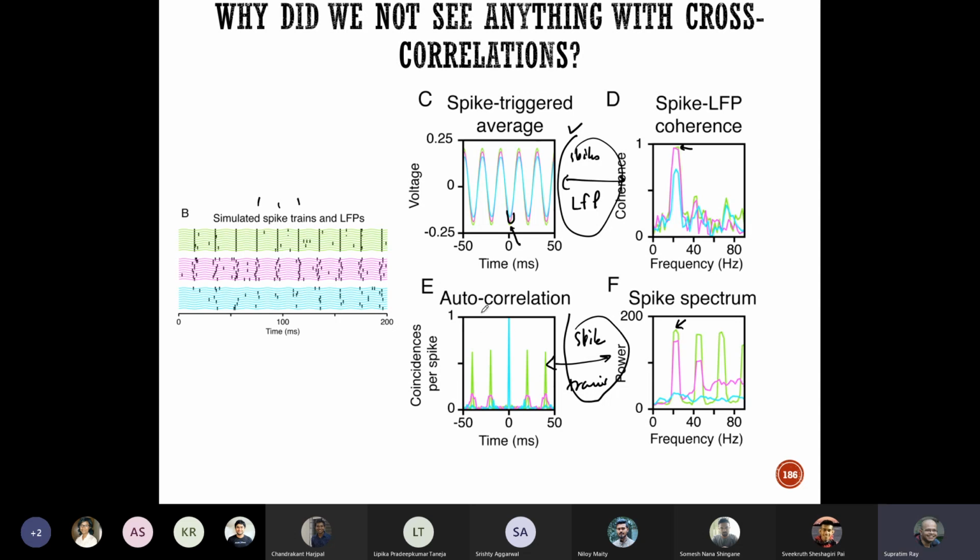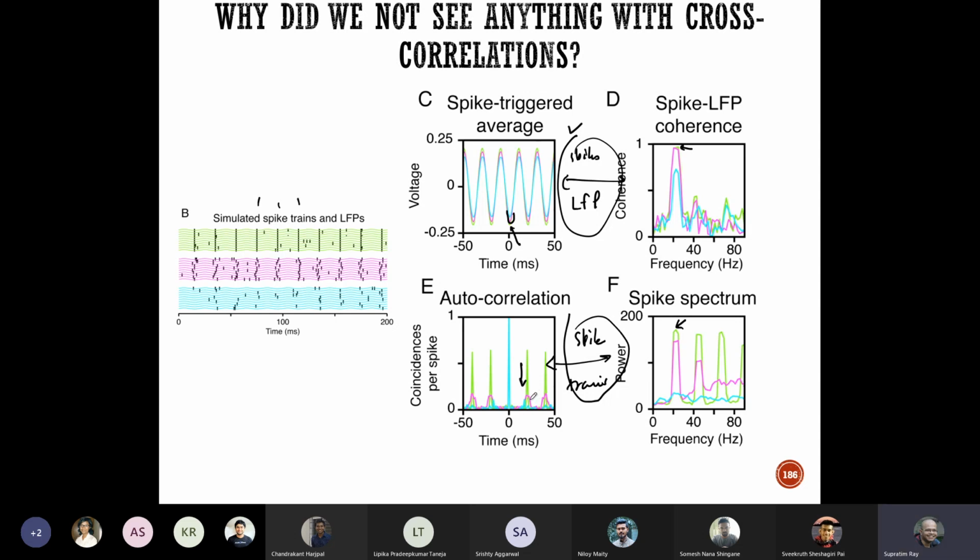But what happens to the autocorrelation? Here now there is no LFP. I am just looking at the autocorrelation of the spike train. And in this case, a little bit of a jitter causes a big drop in this peak here.